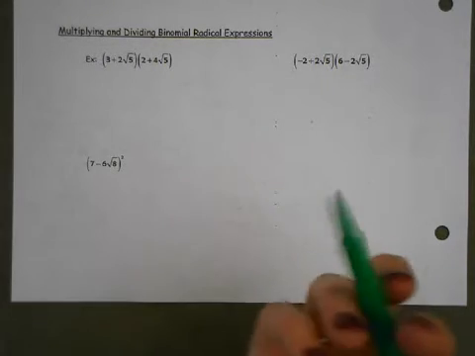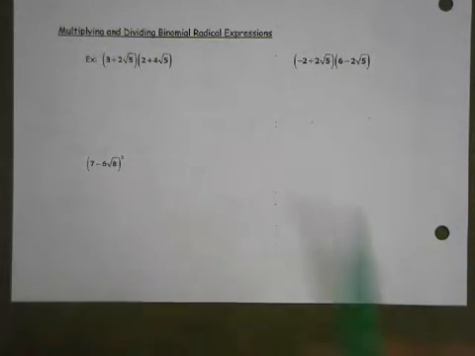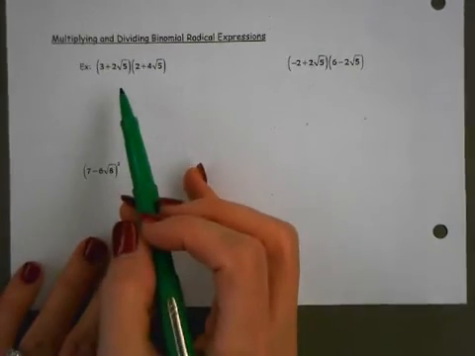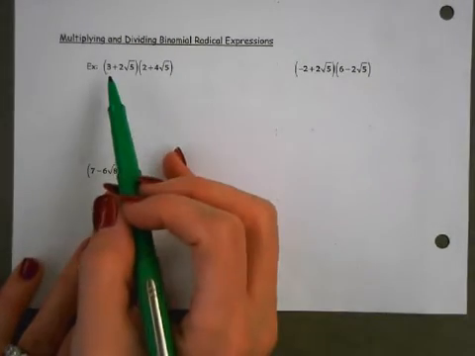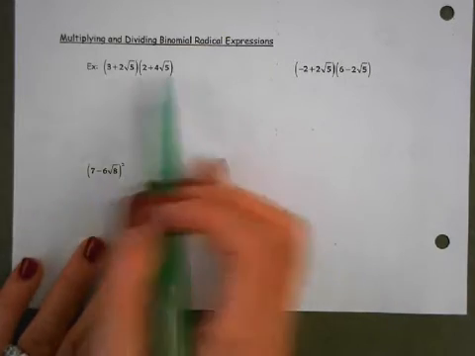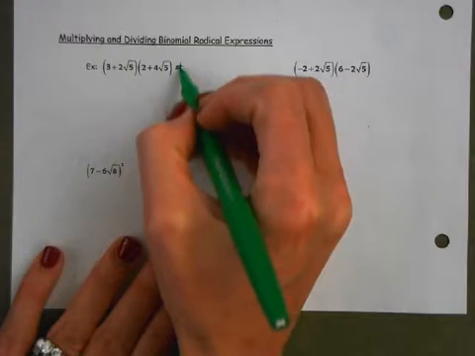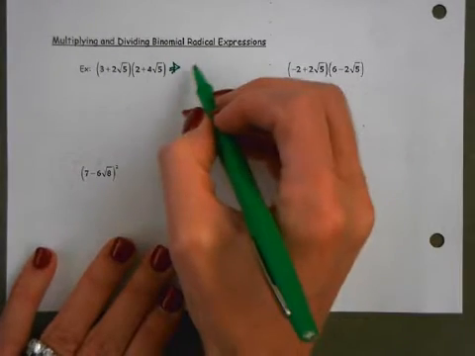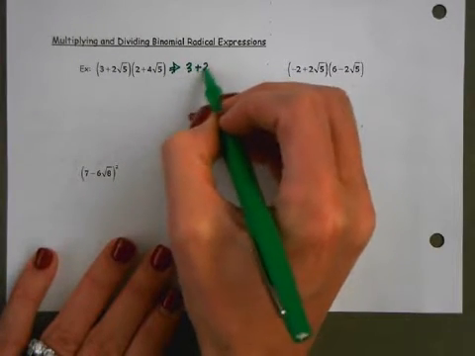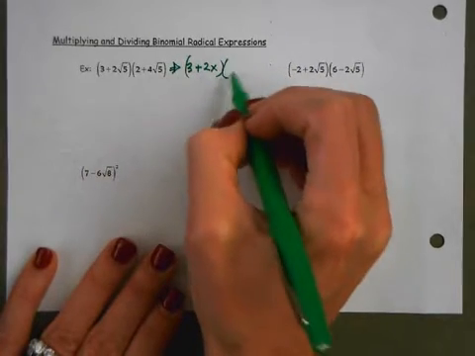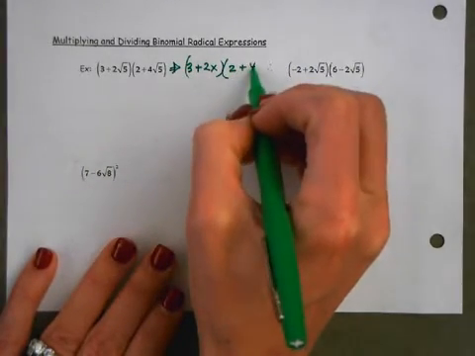So now, we just talked about multiplying, and we talked about adding. So what we have is a kind of combination of both. If you notice, we have an expression here that may look complicated, but it's really not. This really would be no different than if we saw it as, let's say, 3 plus 2x times 2 plus 4x.